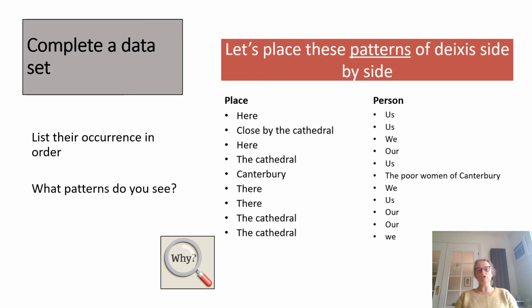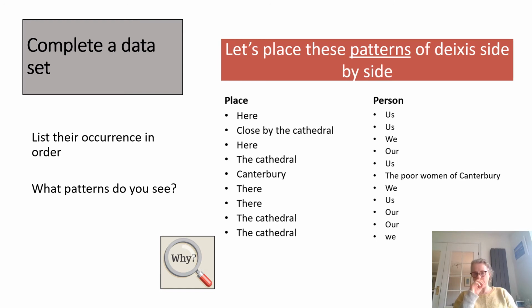Then we have two with the cathedral and Canterbury. And then we've got there, as in, it's further away, and the cathedral, difficult to tell. But we do end with that focus on the cathedral, which suggests that women are being drawn towards it. So I think that there is definitely a pattern here with starting close and ending up further away, but this sense of being drawn towards the cathedral.